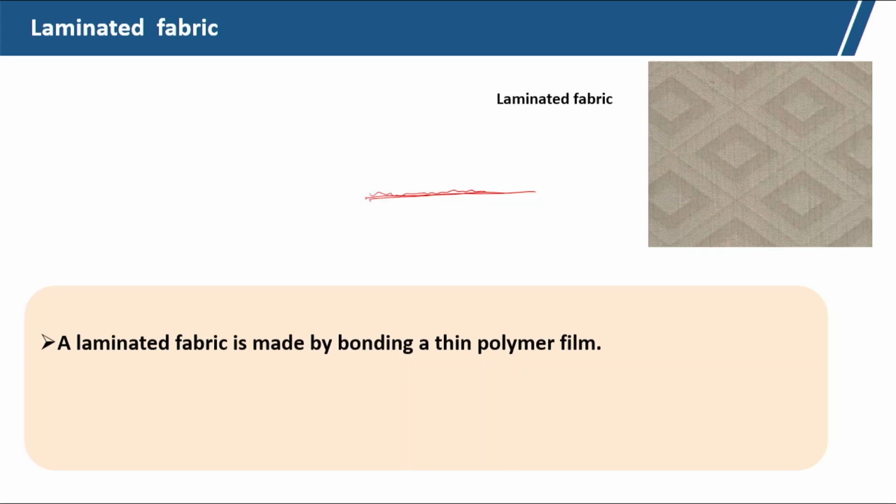Suppose we want a breathable fabric with waterproofing. Normal woven fabrics are breathable, the moisture vapor can move through them, but at the same time water can also pass through.